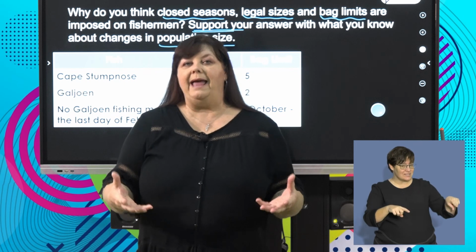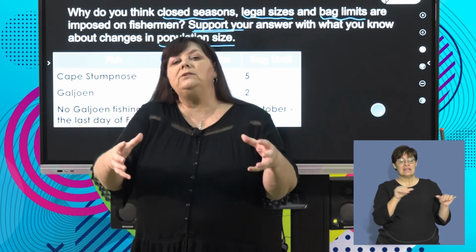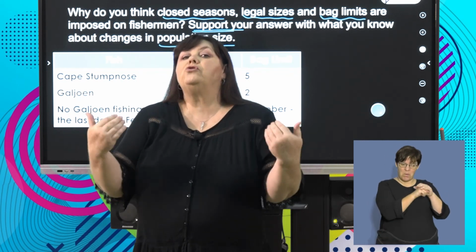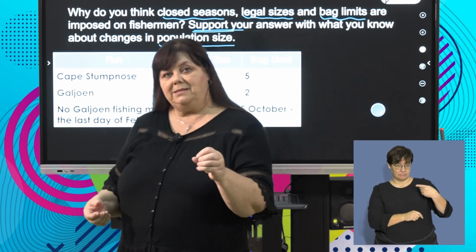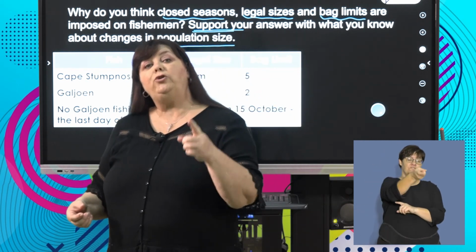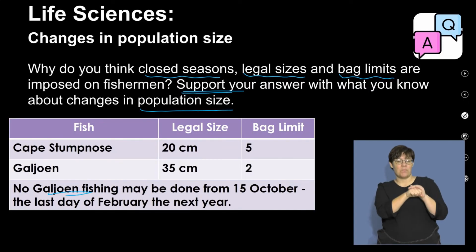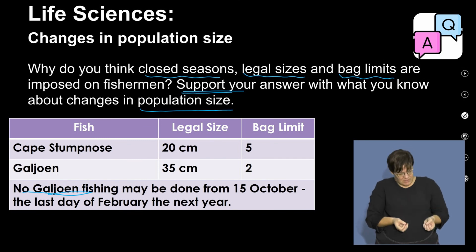Birth rate, or natality, is going to increase the size of the population, is going to grow that population. So it makes sense that number one, we do not fish at the time when our particular fish is reproducing.